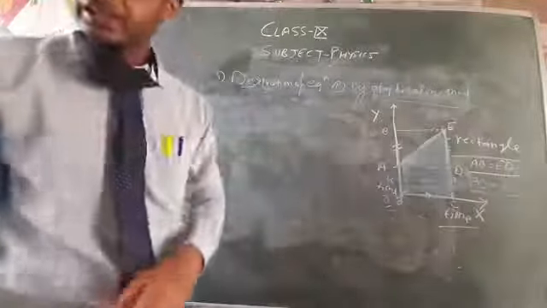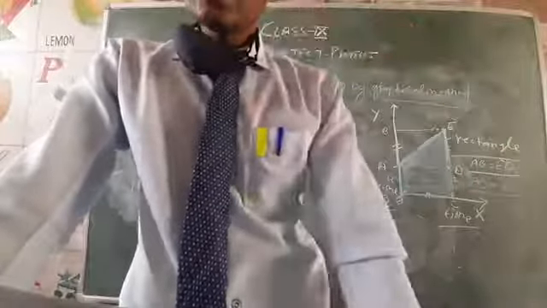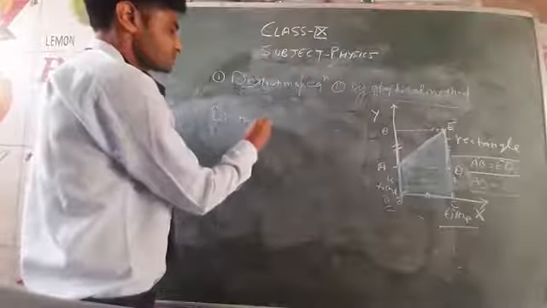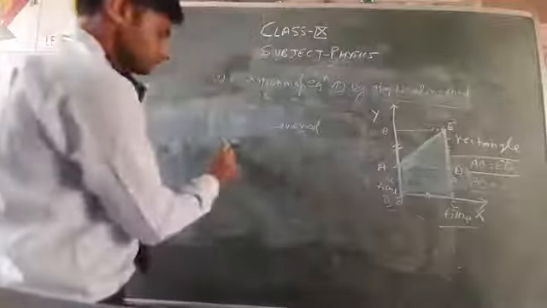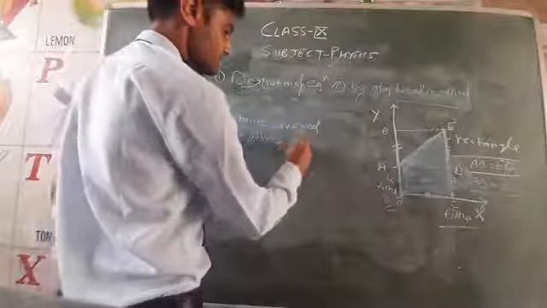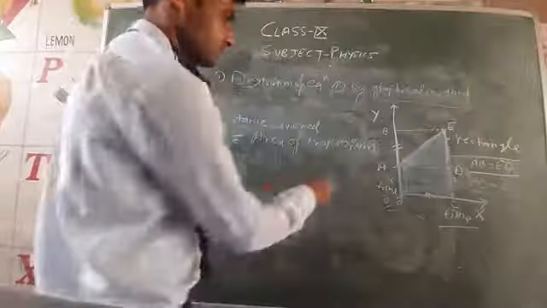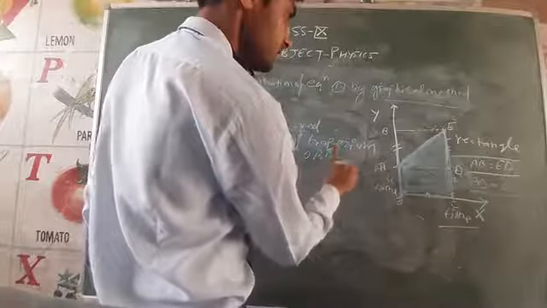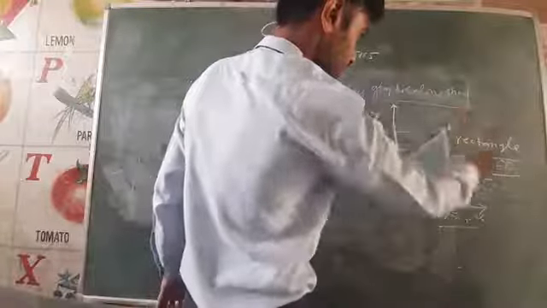So you can say the distance traveled in time t is equal to the area of trapezium OAECO.